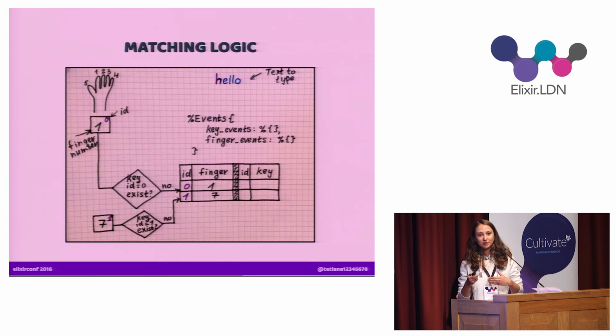If we do, then we could pick it up and see if it matches or not. If we don't, we don't need to do anything. We just store it into the map and wait till we get the same event with this ID coming, so we could proceed. So in this case, we have two events coming from Arduino with the finger number, and we don't have the same events for the key events with the same ID. So all we're doing is just storing it into the map.